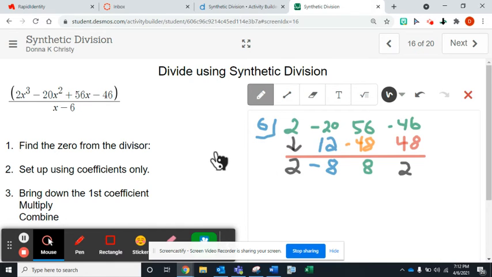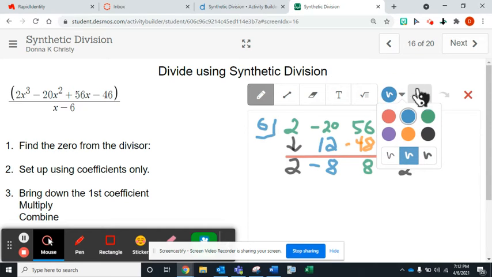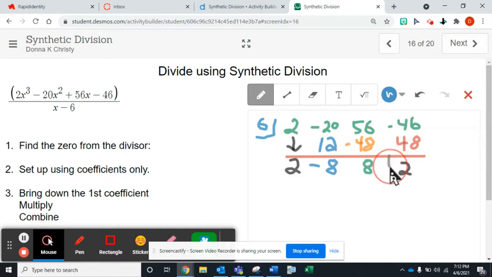So this is my process. What you need to do now is establish that last number is the remainder. This is the remainder, so you always want to cut that off. We're almost done.